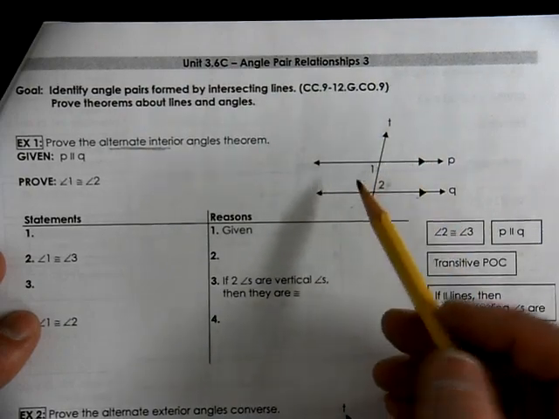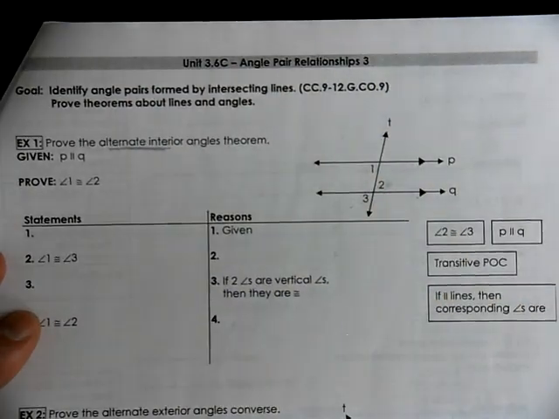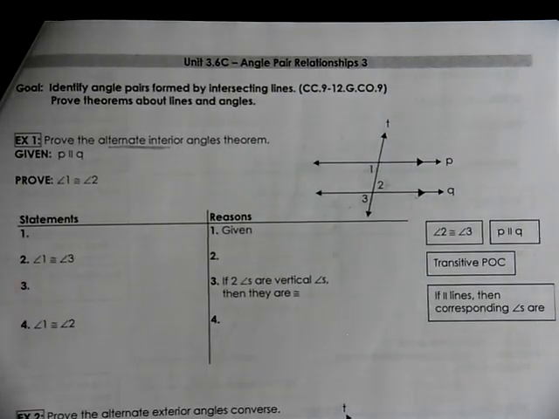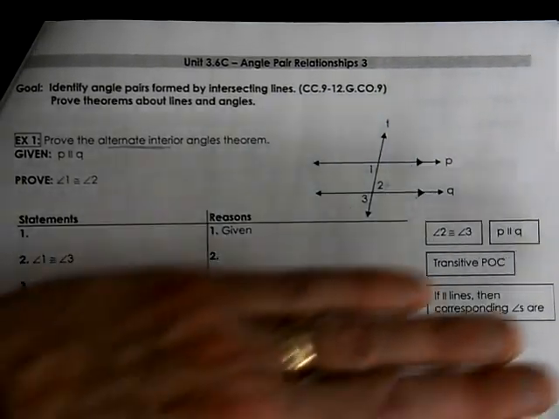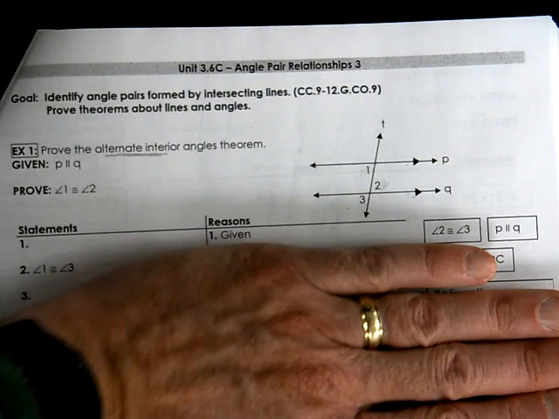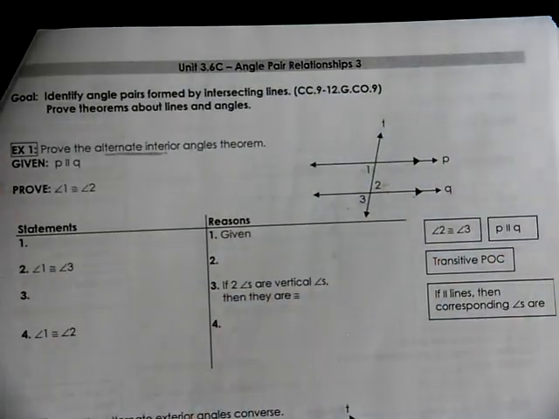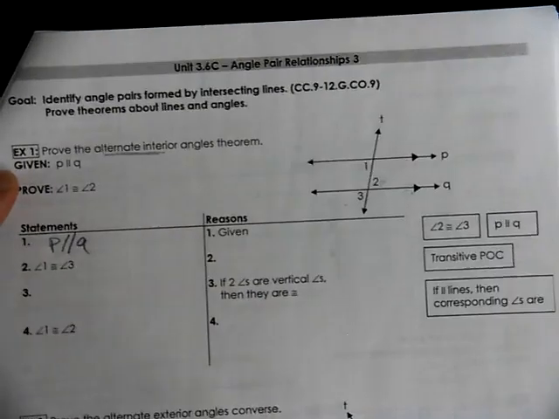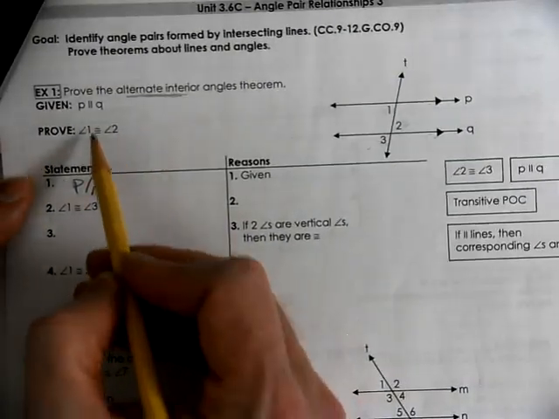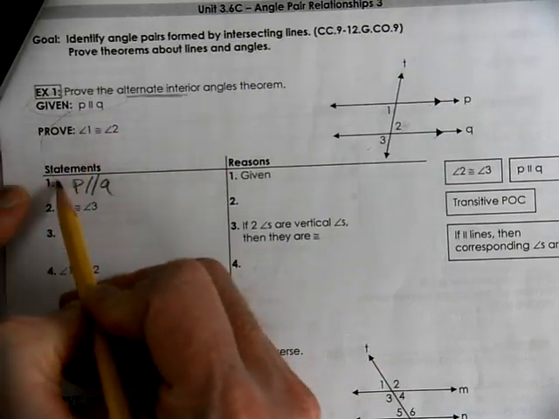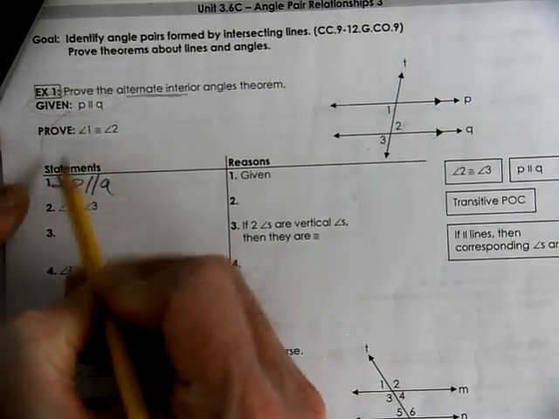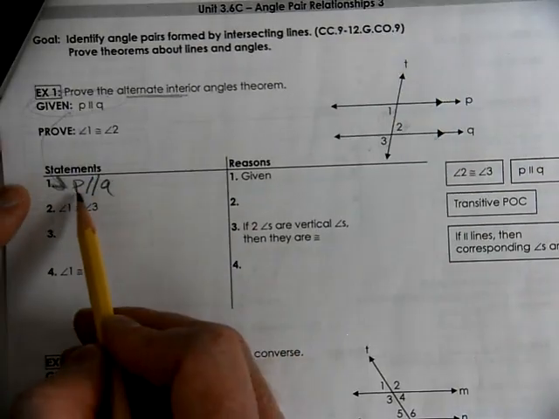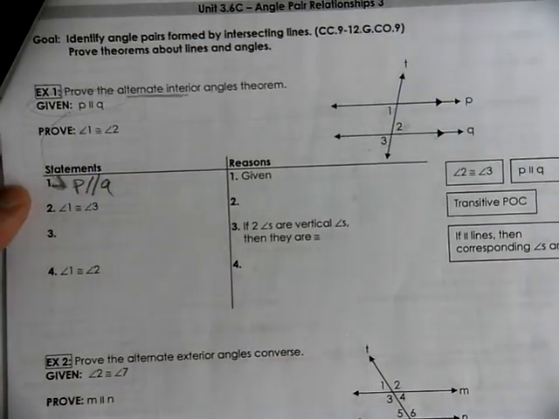This is the plan that you have to set in your head. You've got to be able to explain it in your own words before you even think about filling out your proof. So we know that P is parallel to Q. That's our given information. What information you're given is always going to go first.